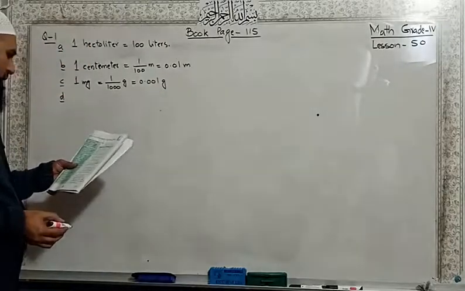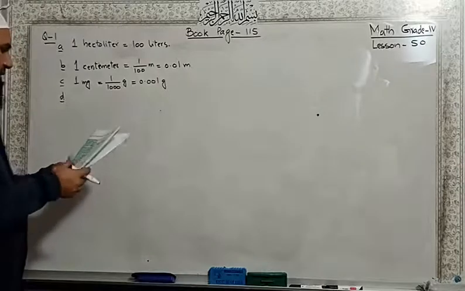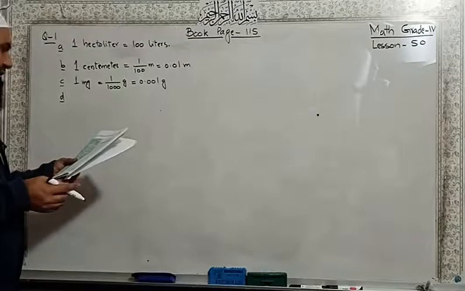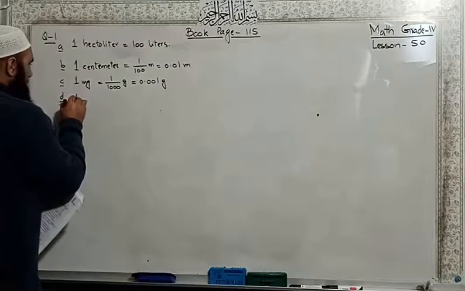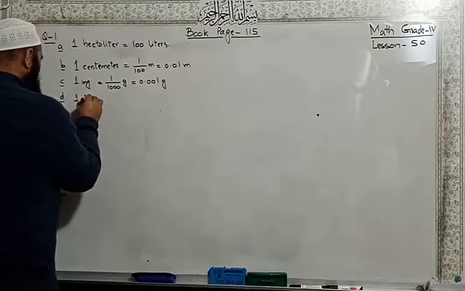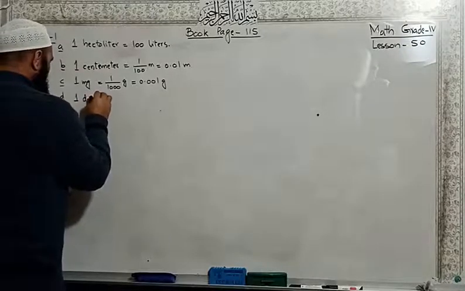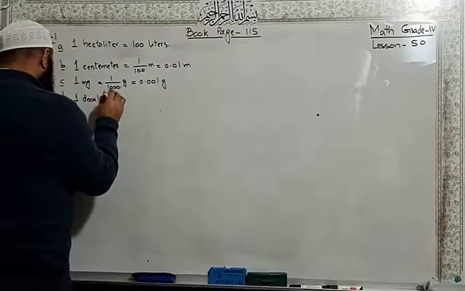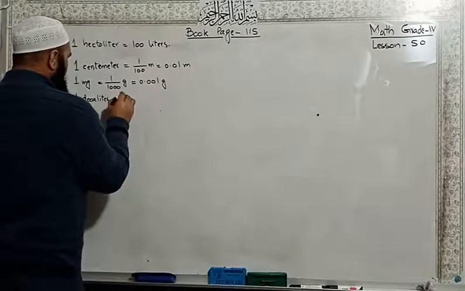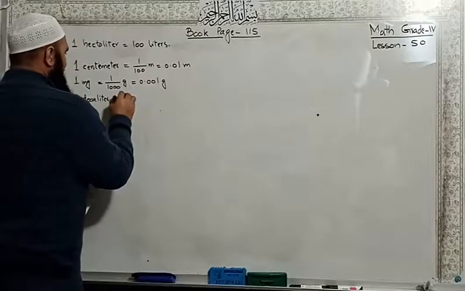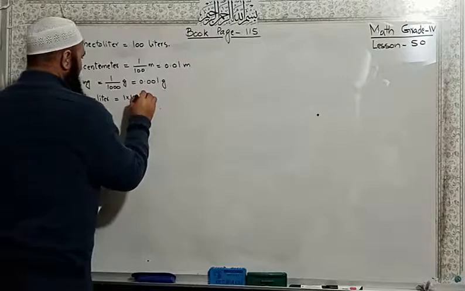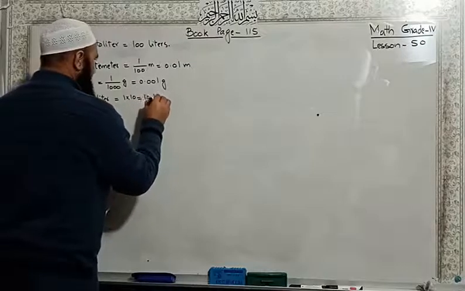D. 1 decaliter. Deca means 10 times. 1 decaliter, that is 1 liter multiplied by 10, will be equal to 10 liters.